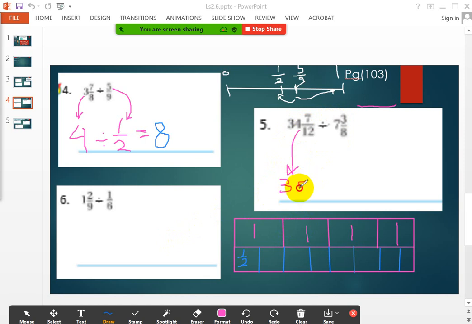And the other number will be 7, right? So the answer will be what? 5. Very good. 35 divided by 7 equals 5. So 35 and 7 are what? Compatible numbers, because I can divide those numbers by each other.